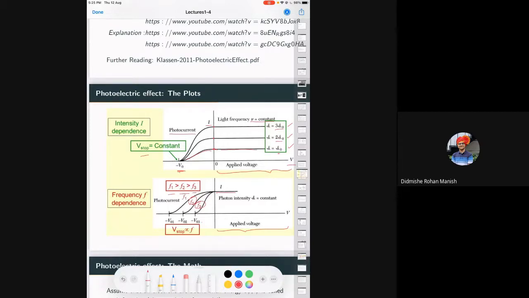And also, classically, the frequency of light was not related to its energy. Okay. So the frequency should not make a difference. As long as that frequency could emit the electron, the energy of the emitted electron should not have changed, whatever the frequency. Okay.